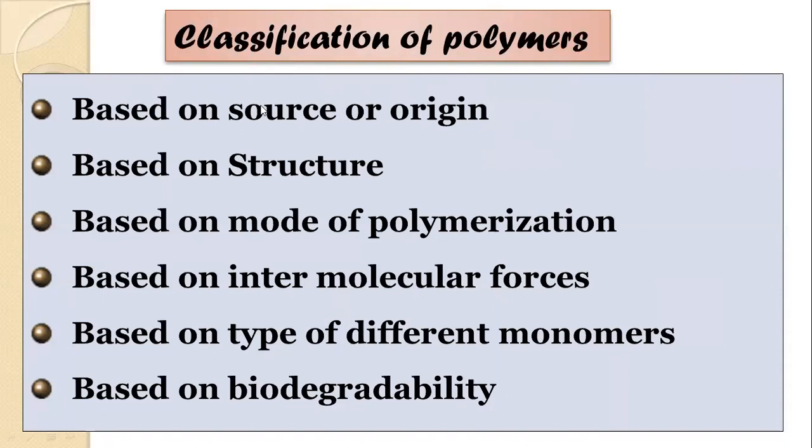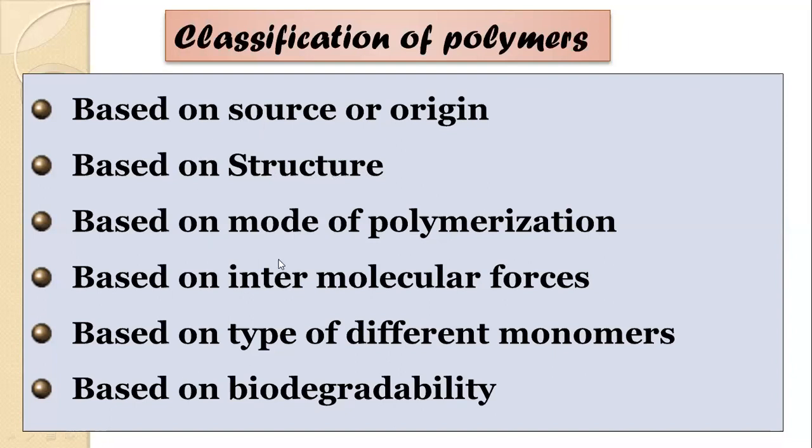Origin means from where the polymer is obtained, from plants or animals, or it is prepared in laboratory. So depending upon the source, these polymers are classified. Then second one is classification based on structure. How the structure of the polymer is there, linear structure or branched structure or cross-linked structure. Depending upon the structure, these polymers are classified.